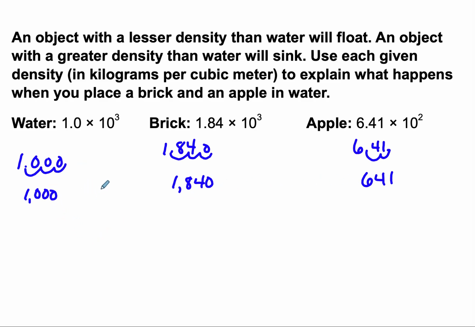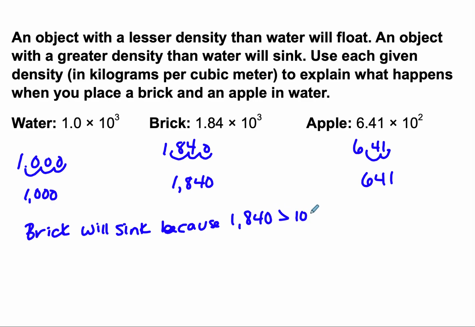Okay, so we're comparing them to water. Now, you might already know what happens when a brick goes in water and when an apple goes in water, but we're using the numbers to help us. So the brick will sink because 1,840 is greater than 1,000.